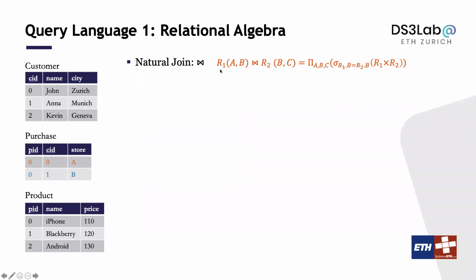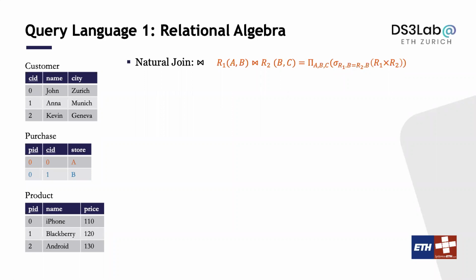Here you have one relation R1 with two attributes A and B, and another relation R2 with two attributes B and C. If you do the natural join between these two relations, mathematically, it first does the cross product between R1 and R2, and then it selects all those tuples in the cross product with matching values on the B attributes.